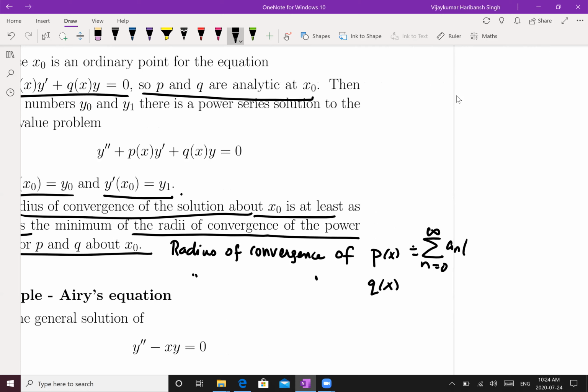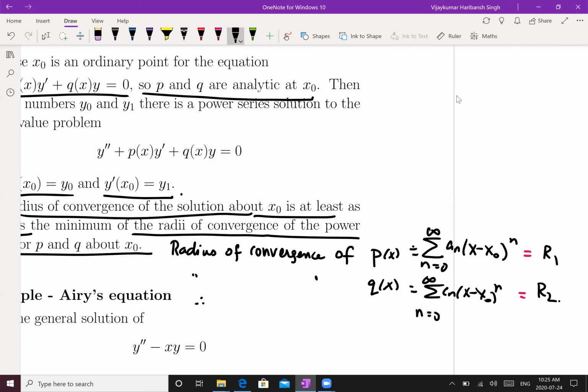We wrote that these are the series in (x minus x naught) to the power n, and so the radius of convergence of P(x) is R1 and that of Q(x) is R2.